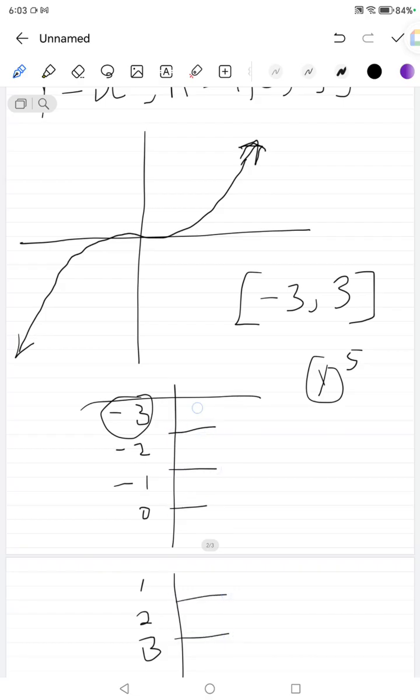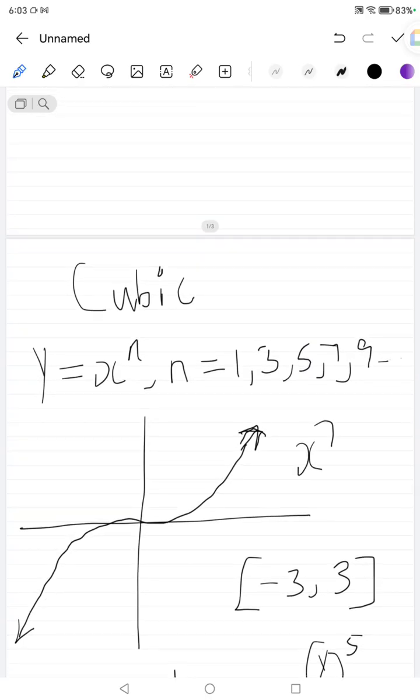After getting these values, you should be able to draw a graph that's similar to this. This helps you to know that if I'm having something like x to the exponent 7, this 7 is an odd number, so obviously I'm going to have a shape that looks like this.